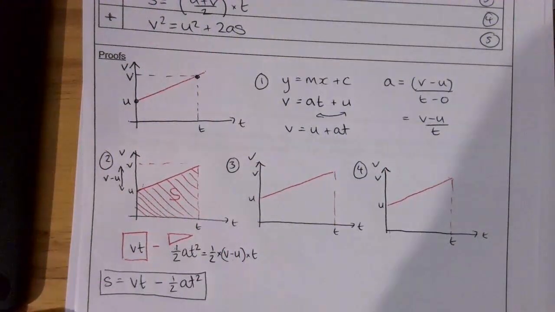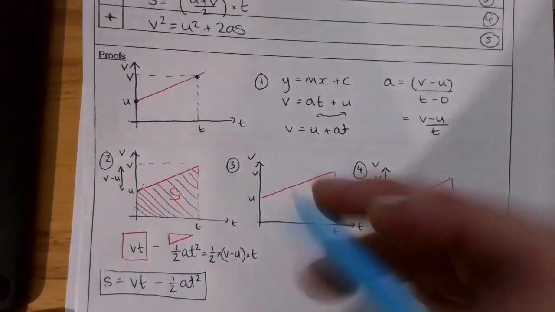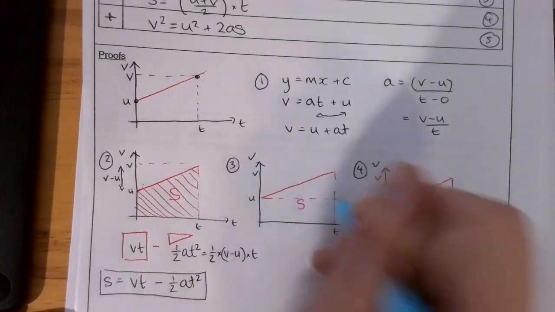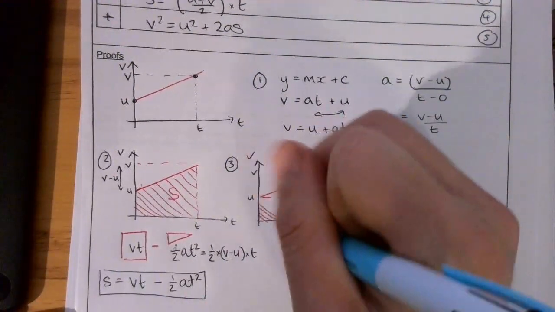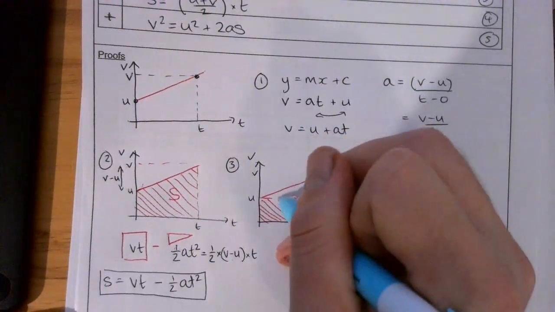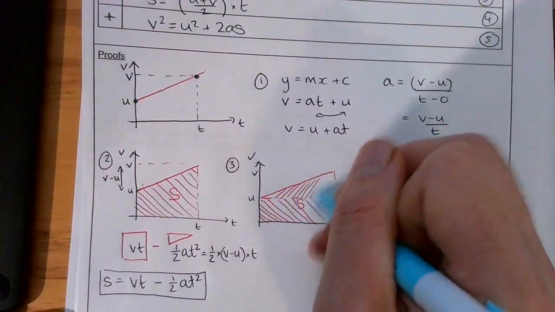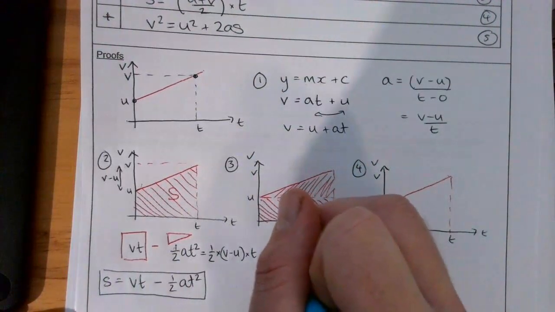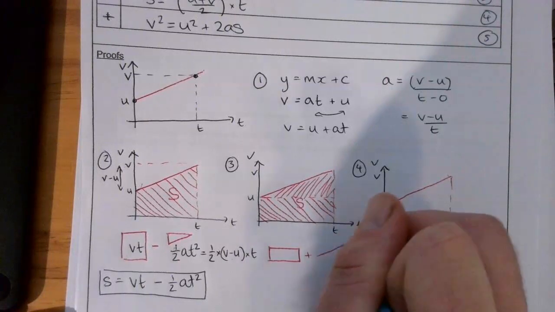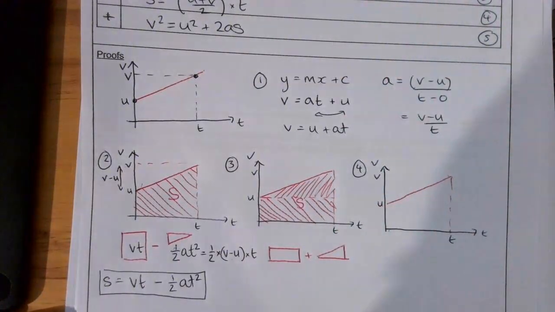We use exactly the same trick for the second equation, but this time, instead of building down, we build up. So I'm going to first of all work out this small rectangle, and then I'm going to work out the triangle on top. So very similar, but ever so slightly different.